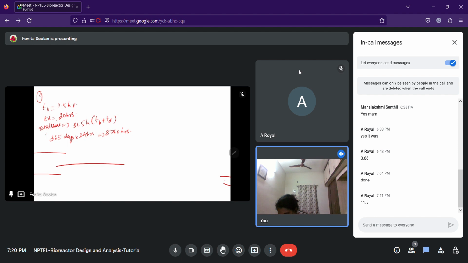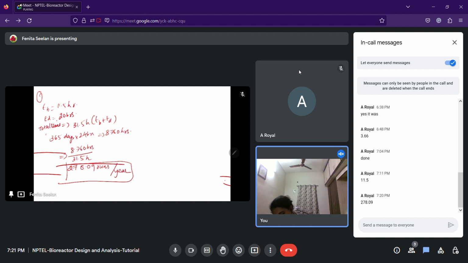This divided by our 31.5 hours will give us 278.09 runs. So per year we will be getting around 278 runs approximately.